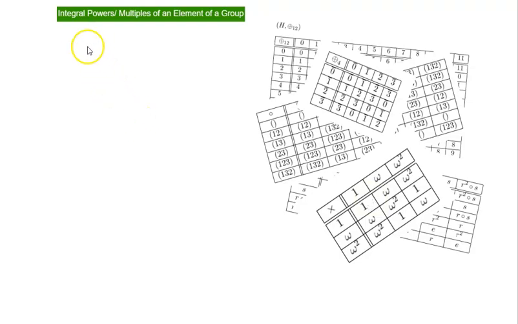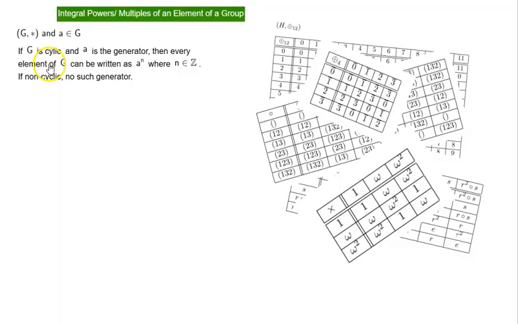Now let's see how powers and multiples of an element behave inside a group. So let's take a group G under a group operation, and let's say a is an element in G. Now if G is cyclic and a is the generator, then every element of G can be written as a to the power of n, where n is in the set of integers.